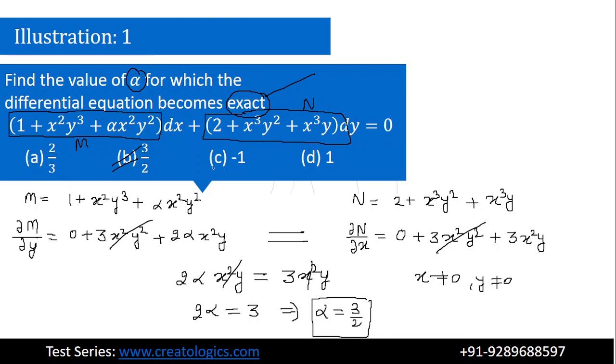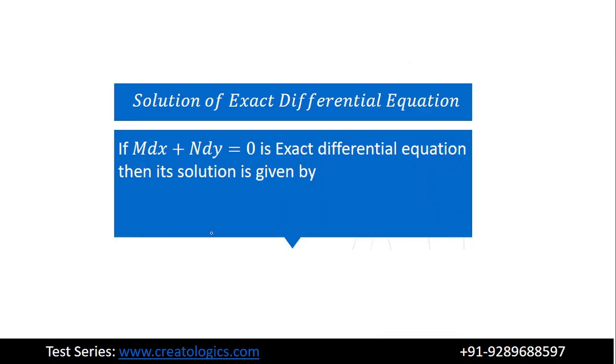Okay. Now let's move on to the next part, where a differential equation which is exact is given to us. Say M dx plus N dy is equal to 0. Say this equation is exact already; we have shown this. Now you need to find its solution, and the solution of this differential equation is given by the integration of M dx, keeping y constant.